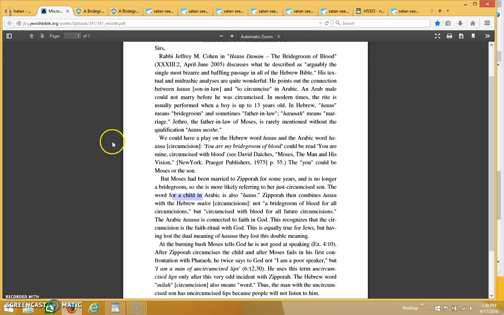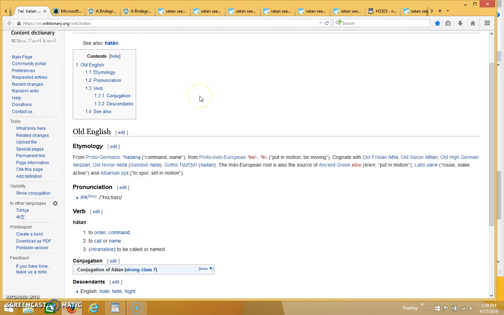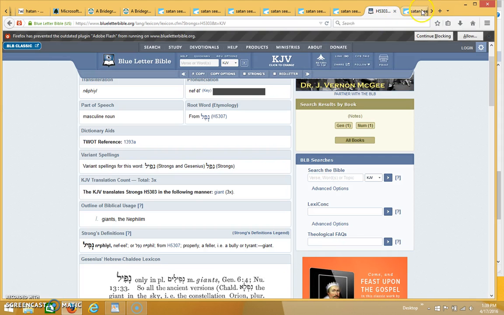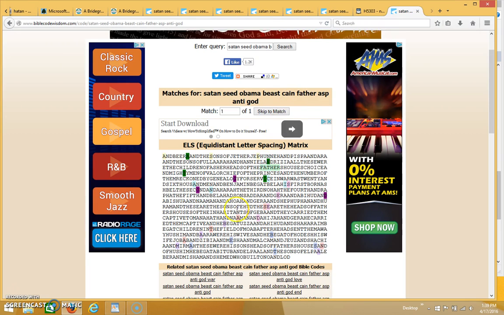So this has a number of meanings, and it even has a meaning in English. In English it means to order, command, to call or name, to be called or named. So there's several different meanings for this word Hatan that's coming up right next to this strand of DNA.